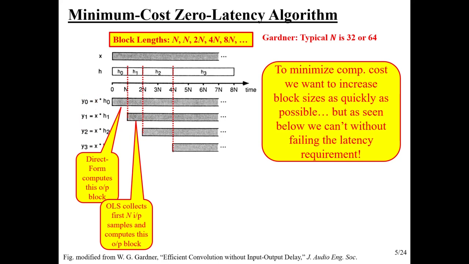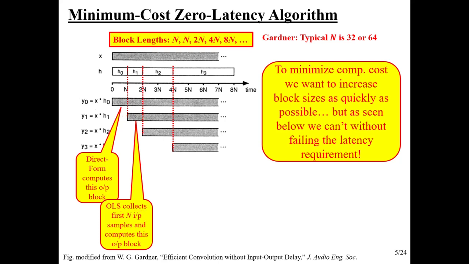That's going to be computed using overlap save. And what do I need to do? Well, I need to collect the first N input samples and tack some zeros on. So I'm collecting up to this point. But now notice that the outputs have to be instantly available.